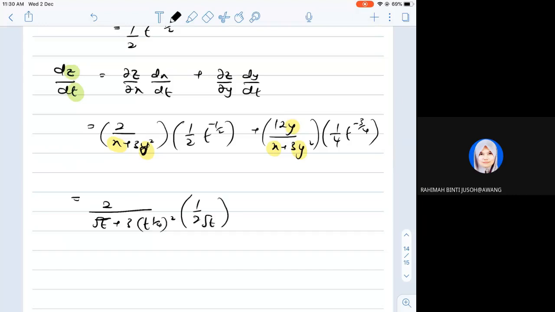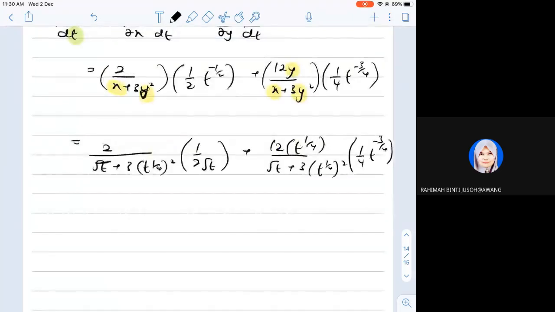Then plus 12 t to the power of 1 over 4 over square root of t plus 3 t to the power of 1 over 4, squared as well. And then multiply by 1 over 4 t to the power of negative 3 over 4, like this.